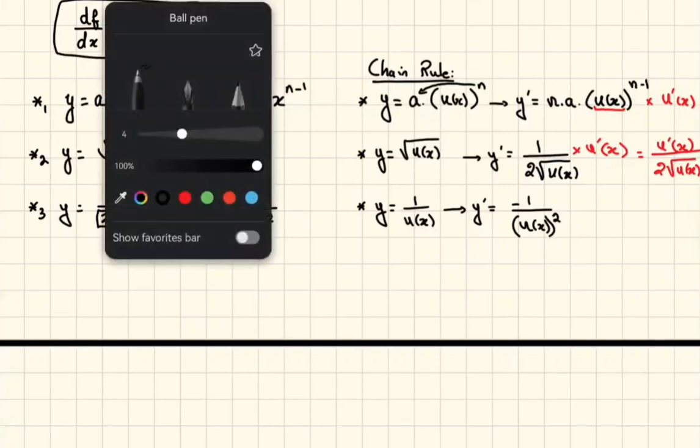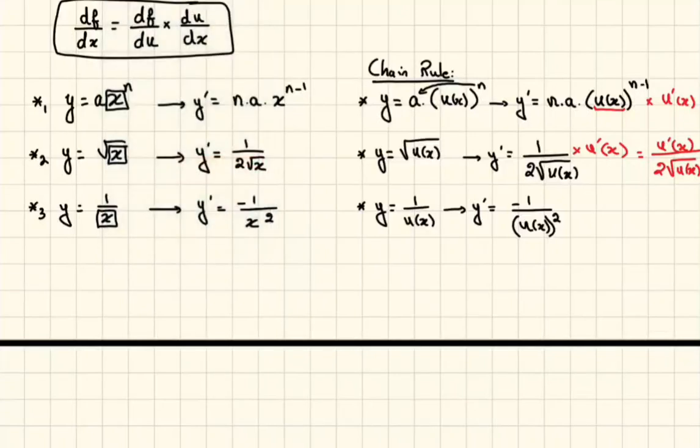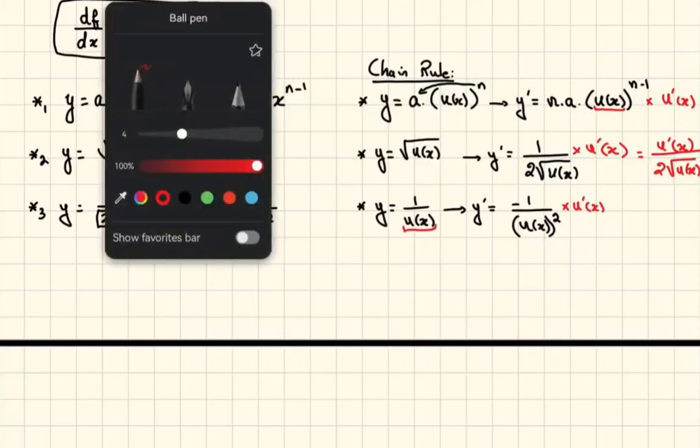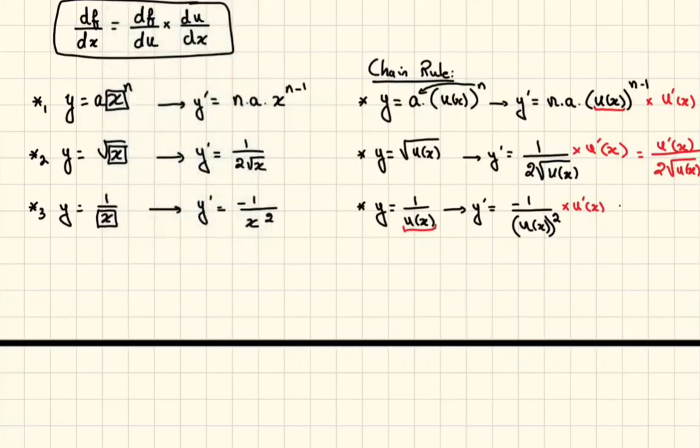But as I said, whenever we have u of x, we should multiply by the derivative of u of x, the one here. So when I multiply, I will get the final answer to be minus 1 times u prime of x, so minus u prime of x in the numerator over u of x squared.